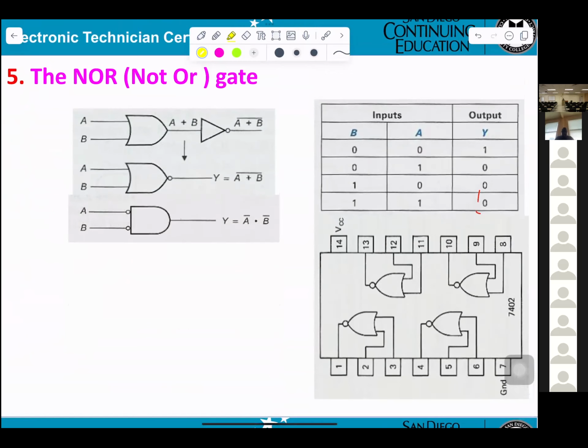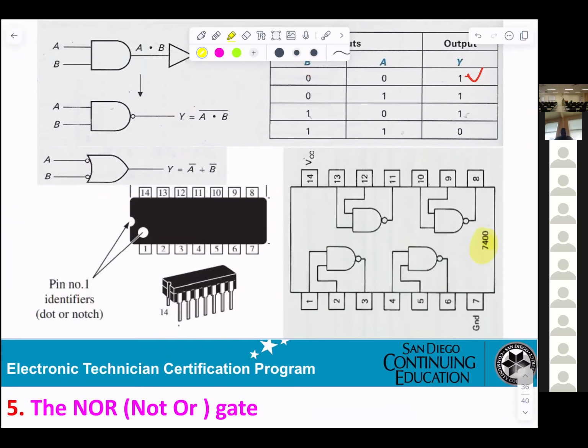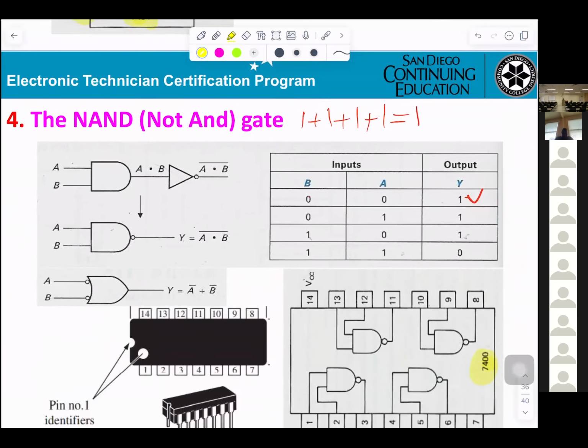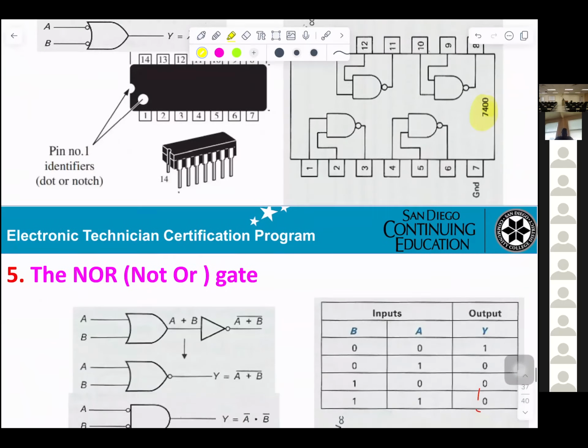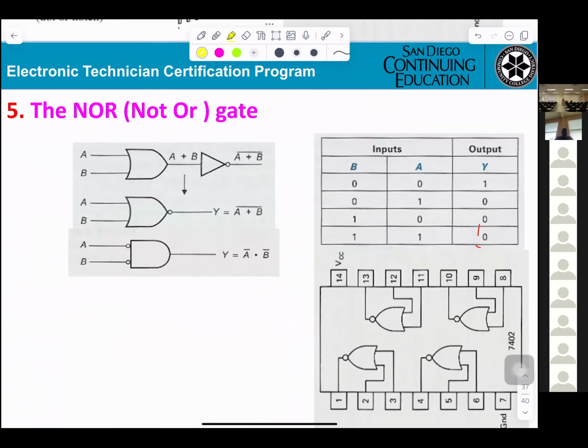This is the NOR gate. This is the NAND, and this will be the NOR. NOR is just the opposite of the NAND. When you get A, B as 0, 0, the output is 1.